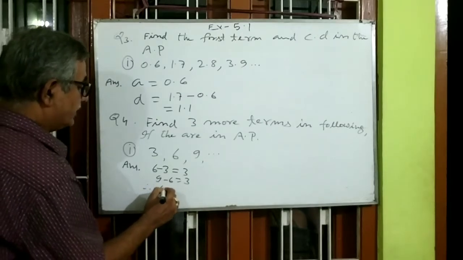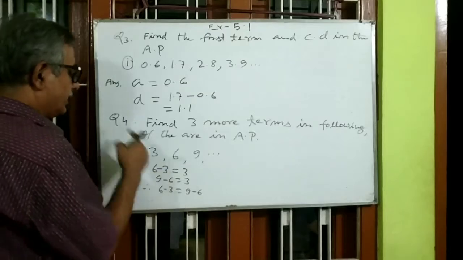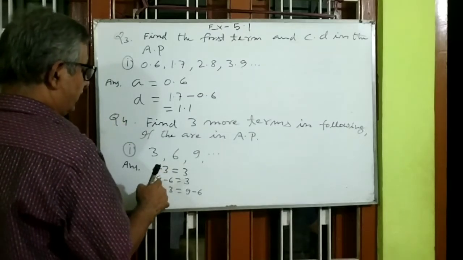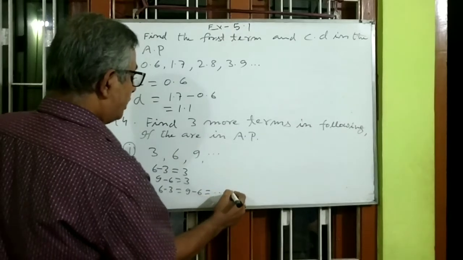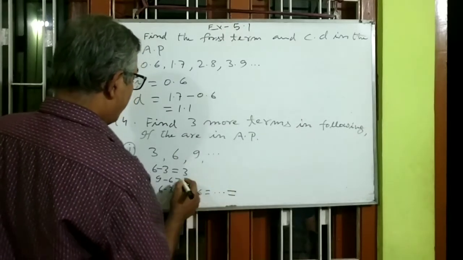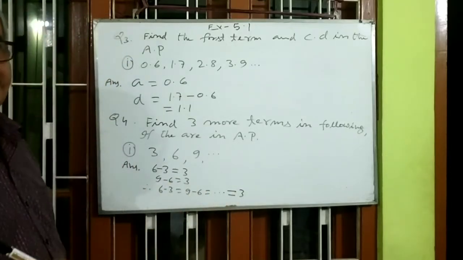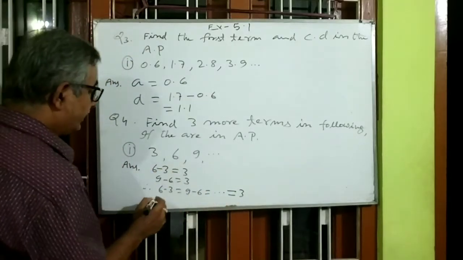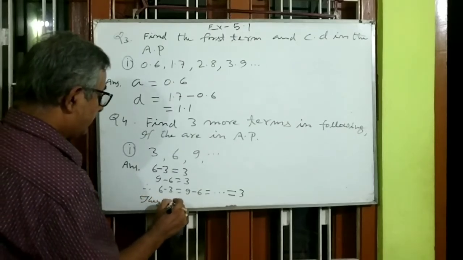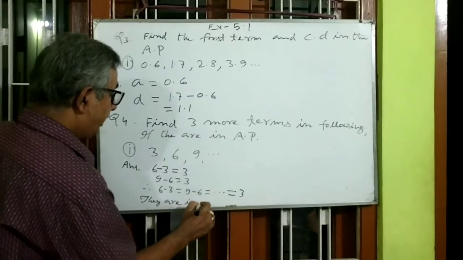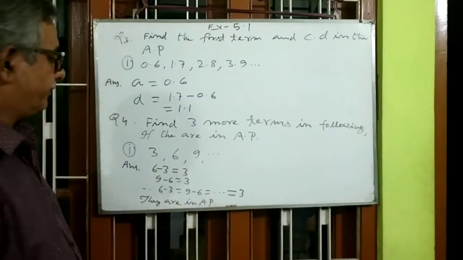Therefore 6 minus 3 is equal to 9 minus 6, that is, second term minus first term equals third term minus second term, which is 3. So the common difference you got is 3. They are in AP. Why are they in AP? Because you are getting the same common difference.